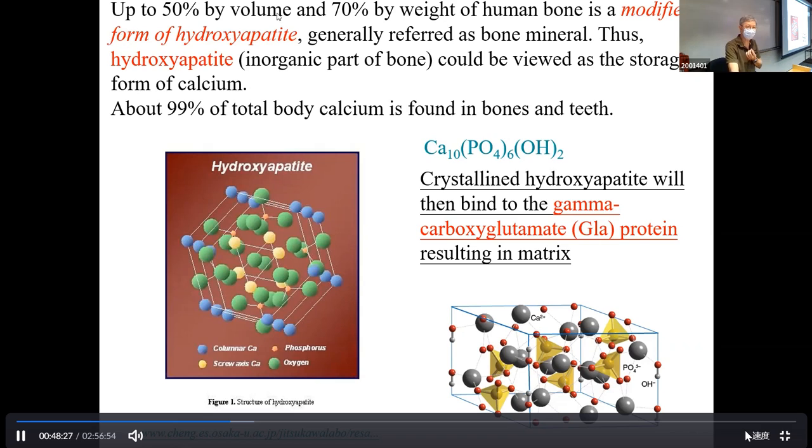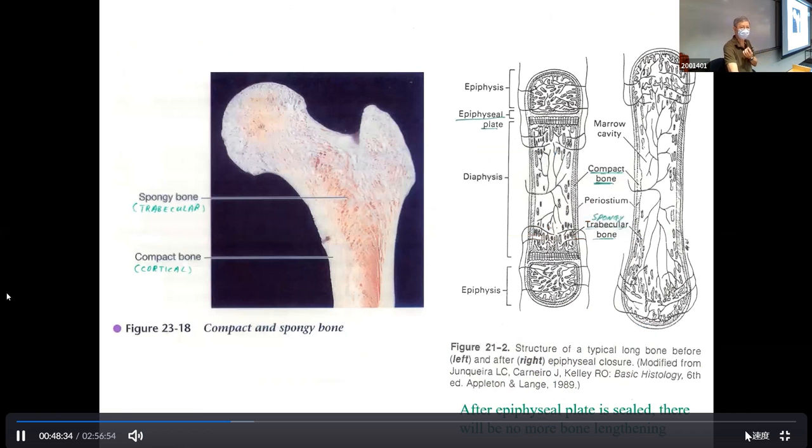Up to 50% by volume and 70% by weight of human bone is a modified form of hydroxyapatite. When we say spongy bone or compact bone, which also have the names cortical bone and trabecular bone, cortical bone refers to the outer part of the bone, and the trabecular one, which is the spongy one, is here.